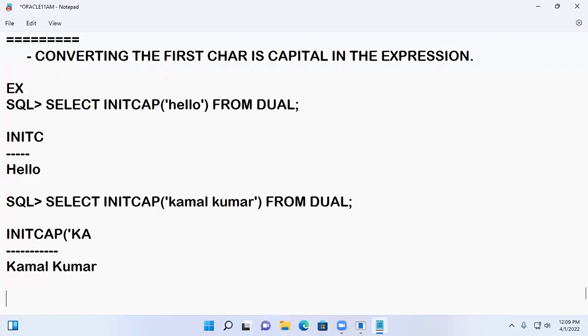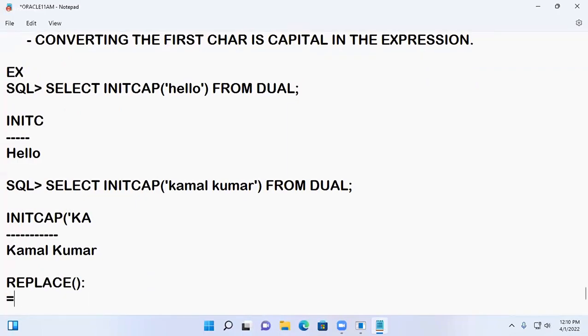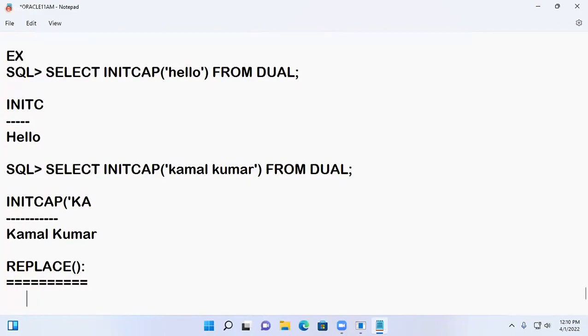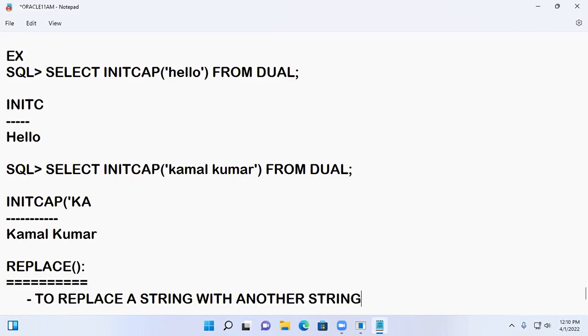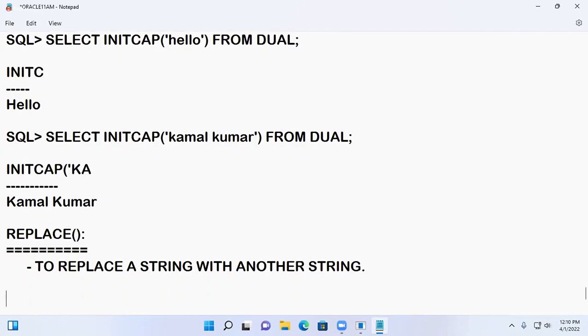Okay. Now, the next function is called replace. The replace function is used to replace a string with another string.